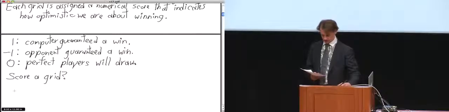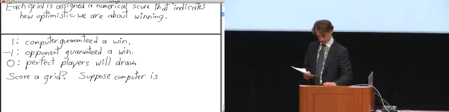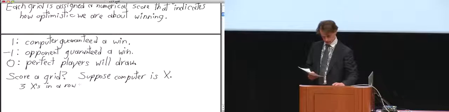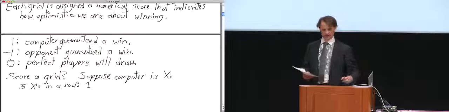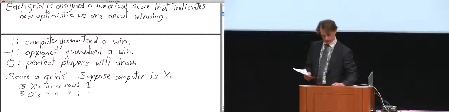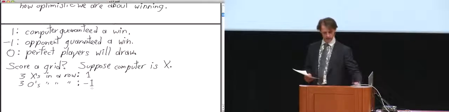If you want to score a grid and the game is over, let's suppose that the computer is playing X. Then if you have 3 X's in a row, then X has won, the game is over, and you assign the grid a 1. If you have 3 O's in a row, then your opponent has won the game, and we assign the grid a score of -1.